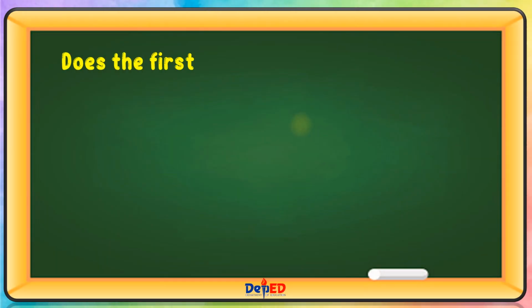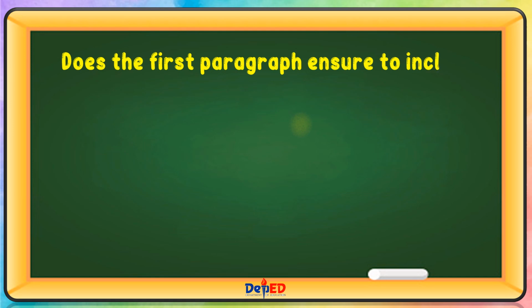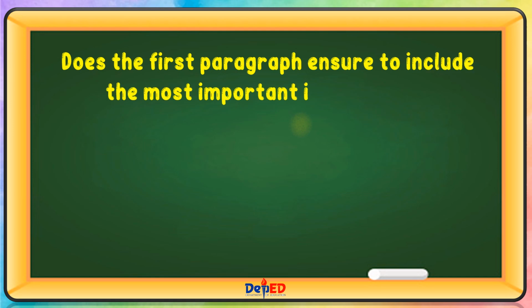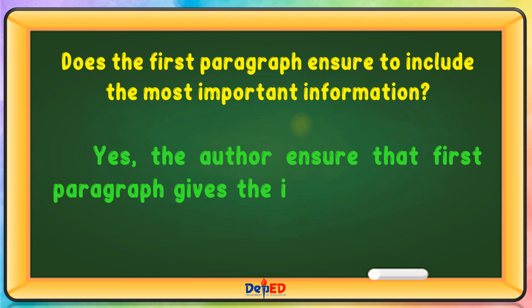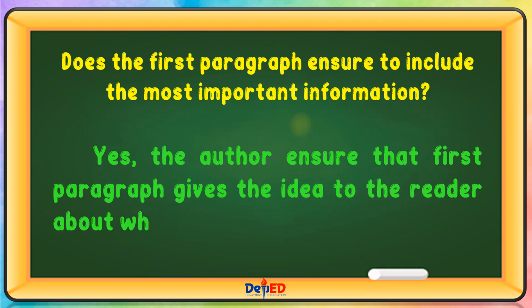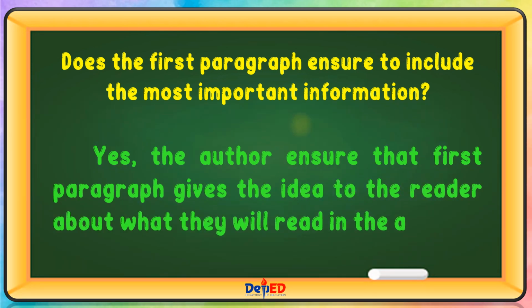Does the first paragraph ensure to include the most important information? Yes, the author ensured that the first paragraph gives the idea to the reader about what they will read in the article.